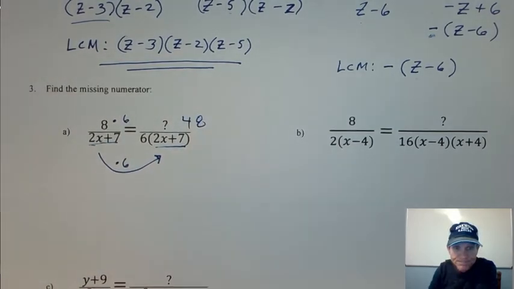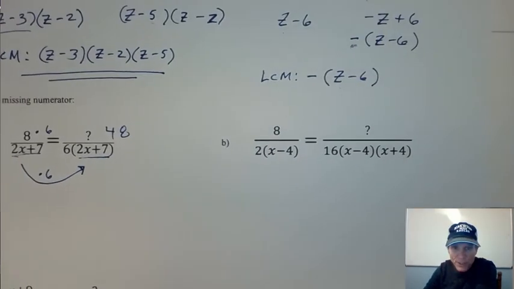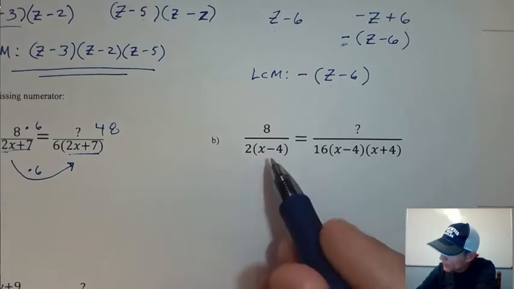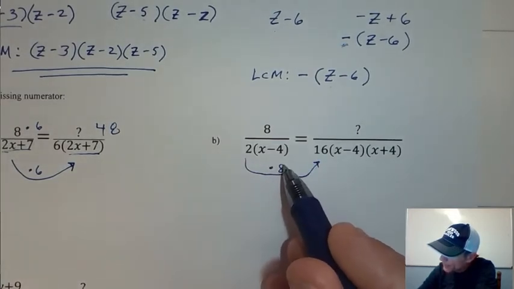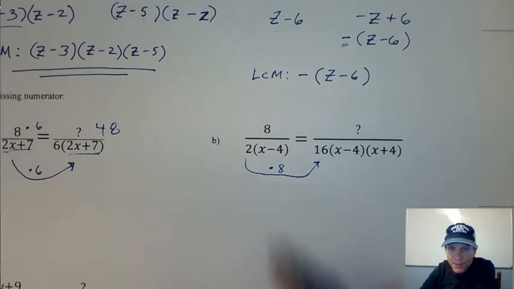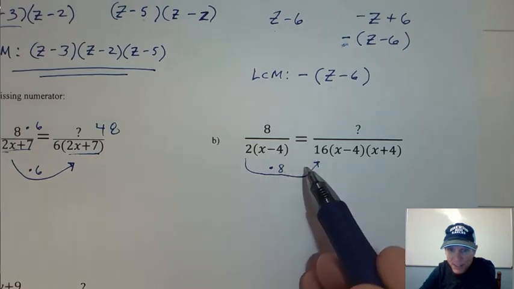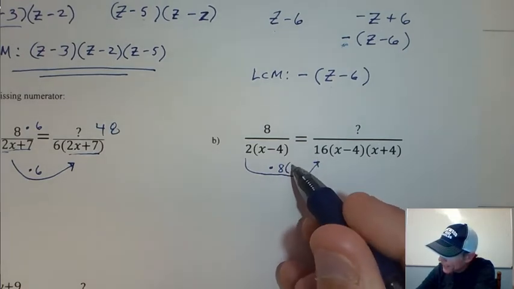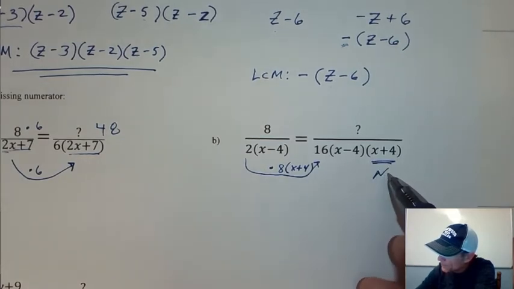So then again on this one, we say, okay, what are the new pieces? Well, how did I get from 2 to 16? I took it times 8. Then also I had this x minus 4, that was present on both sides, but I also took it times x plus 4. That was the new piece.